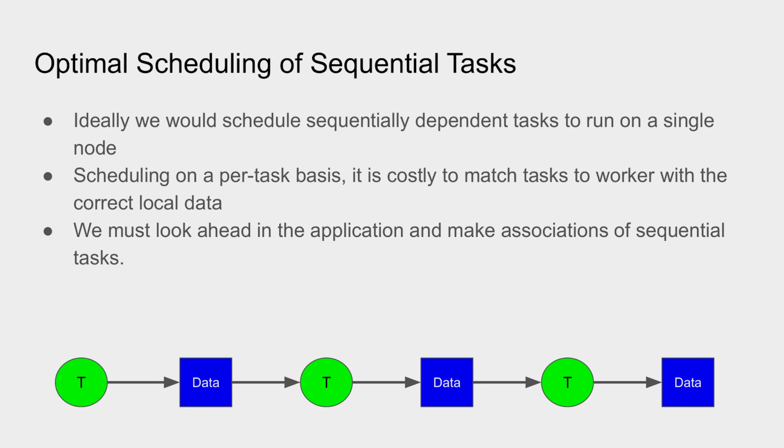It becomes a very complex operation, one whose cost will outweigh any benefit that you would get from data locality in a really large application. So what we need to do is to look ahead into the application, see what kind of tasks are yet to come, and make these associations between tasks beforehand.